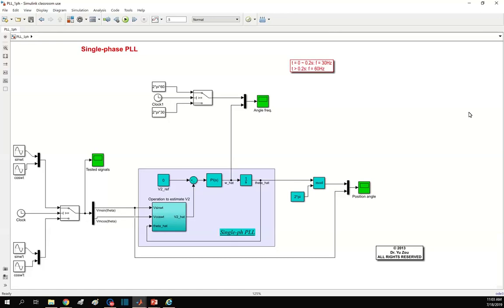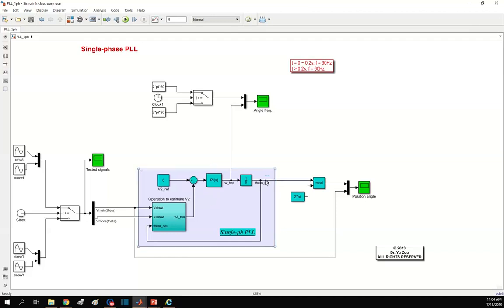Based on the developed diagram, we can go ahead and do the modeling in MATLAB Simulink. So here's the developed model in Simulink. Inside this box we are seeing the single phase PLL, which is a typical, very basic closed loop control system we learned in ECE 360. We are trying to regulate V2 to be 0 as the reference, and we are applying a PI controller to regulate that.